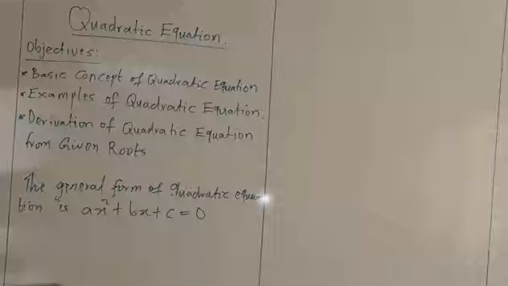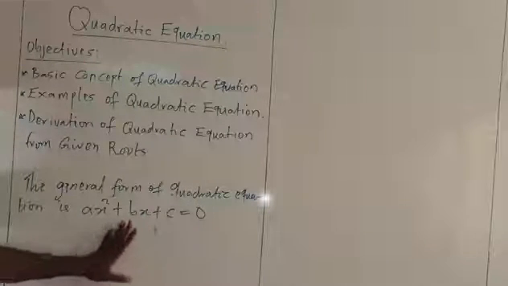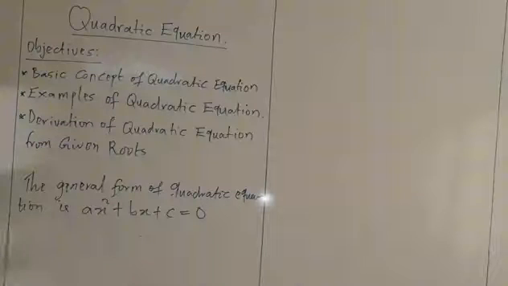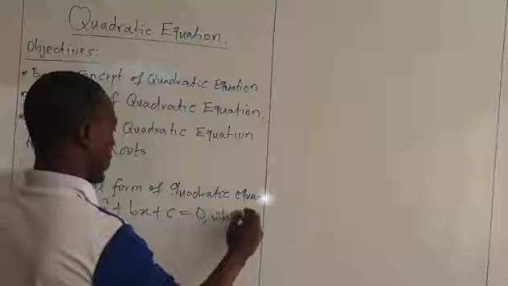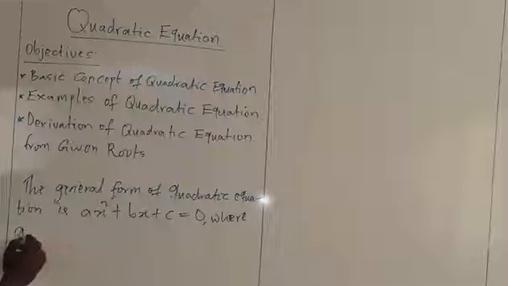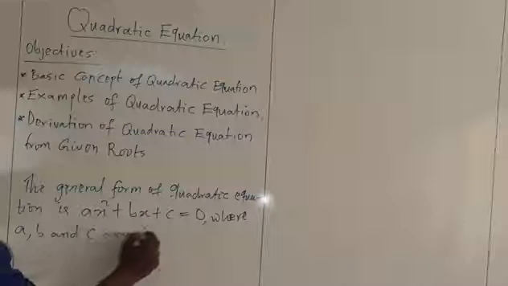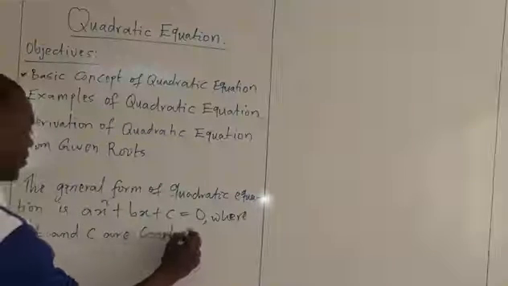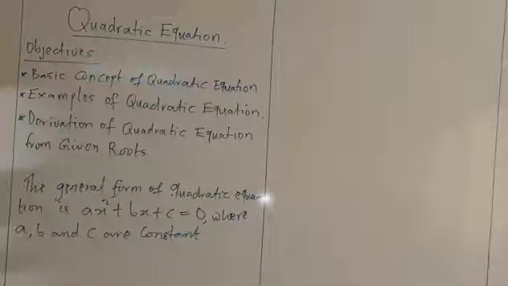So this is the general form of quadratic equation, and we call it a polynomial of degree 2, where a, b, and c are constants. Constants in the sense that a, b, and c are given numbers, so they can be any number.